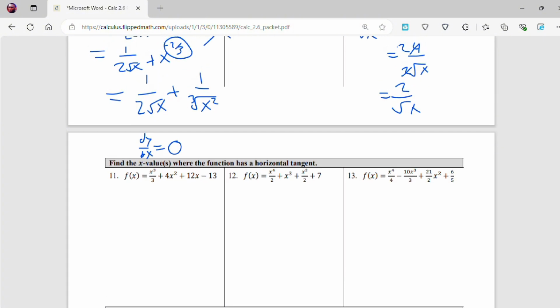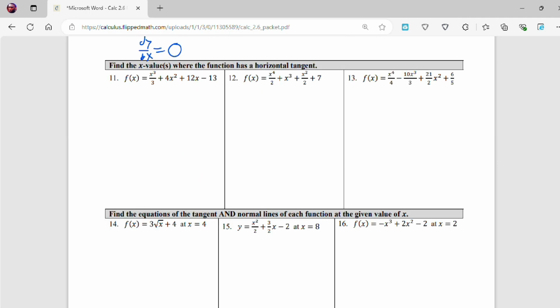And that makes sense, right? If you have a graph right here, on this line your slope is 0. That is a horizontal tangent. So we're going to find the derivative of each of these functions, and then we're going to find the zeros.